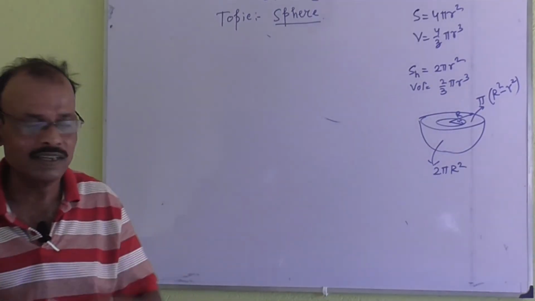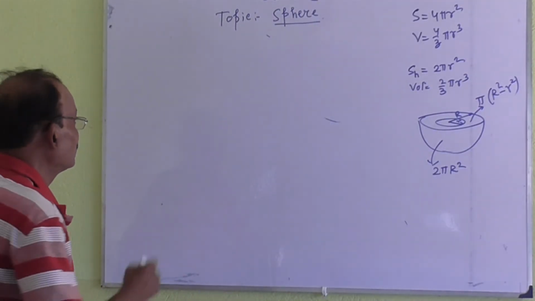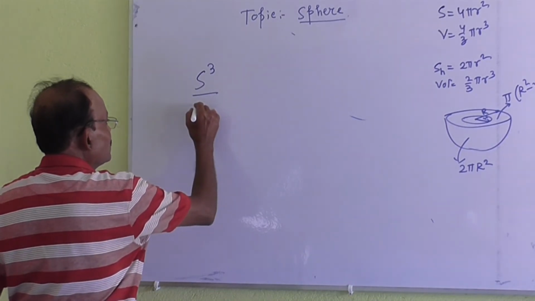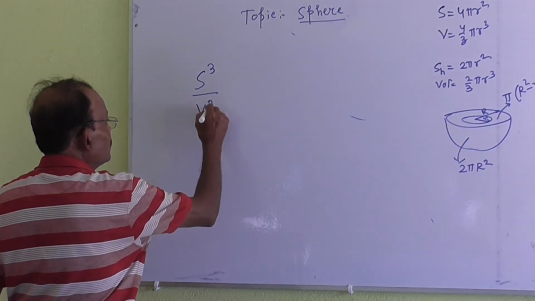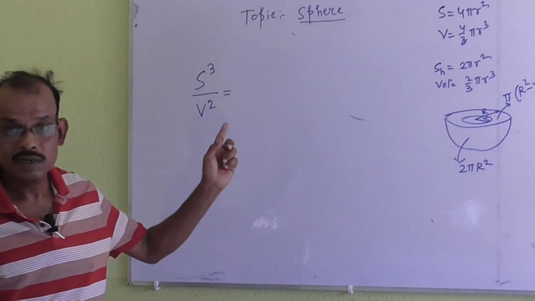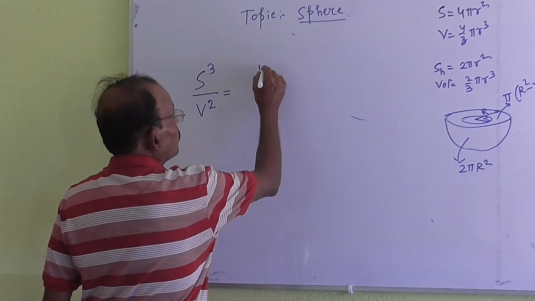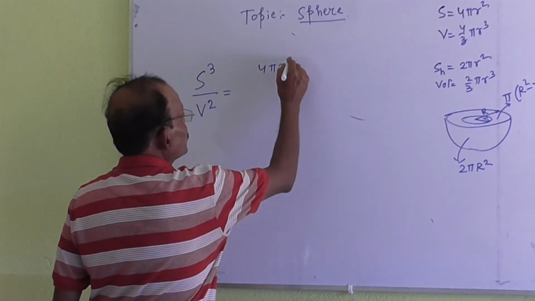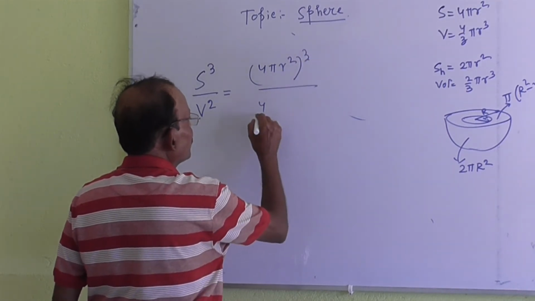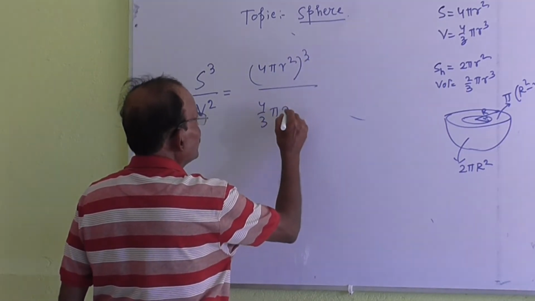That means the surface area of the sphere cubed by V square. The ratio is to be found out. Clear? 4 pi r square whole cube by 4 by 3 pi r cube whole square.